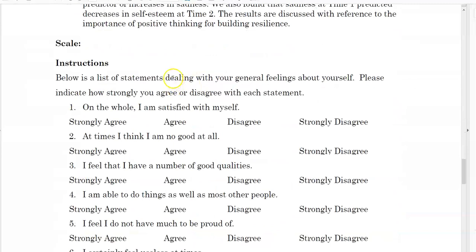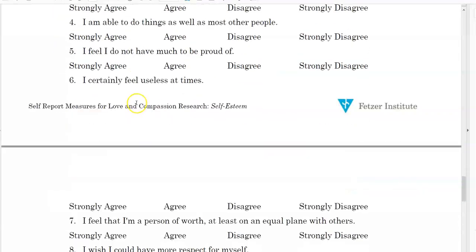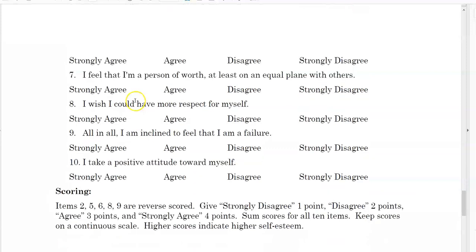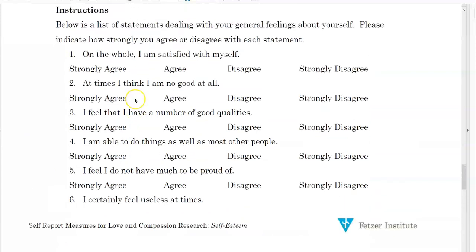Some or most of the scales that you get will give you the scale and the actual items. In this case, here you have the 6, 7, 8, 9, 10 items from this self-esteem scale. In the case of commercial scales, you will not be able to freely get hold of the items, and you would need to buy it or at least pay towards using it.